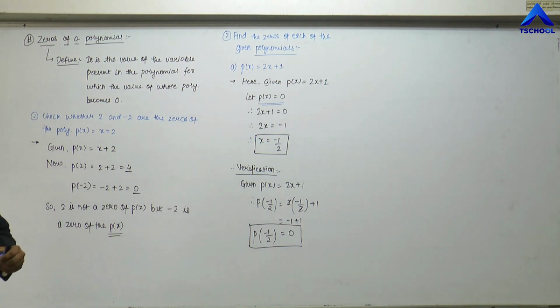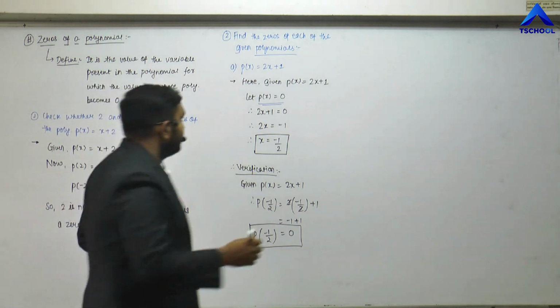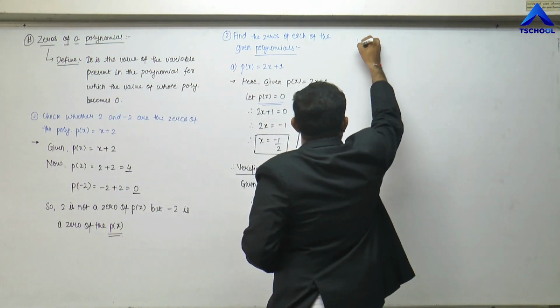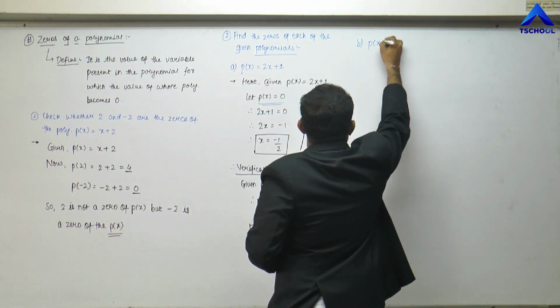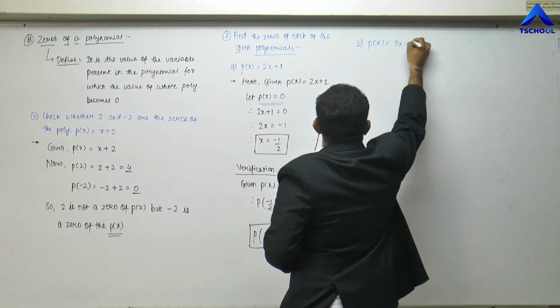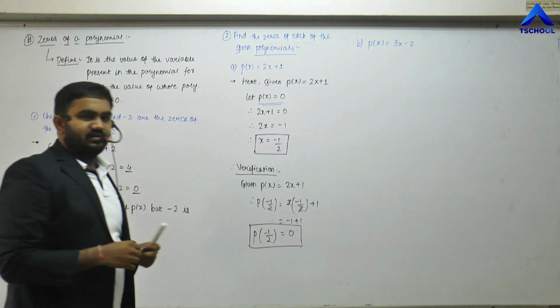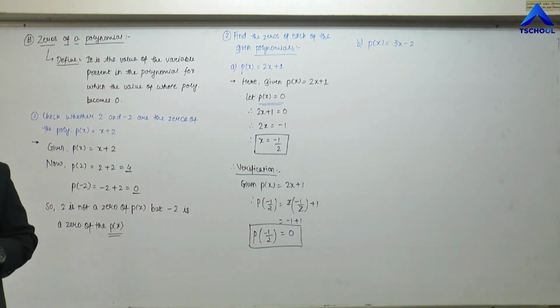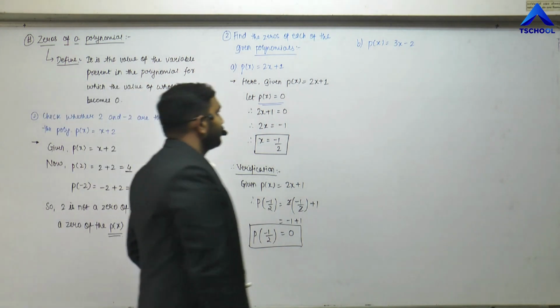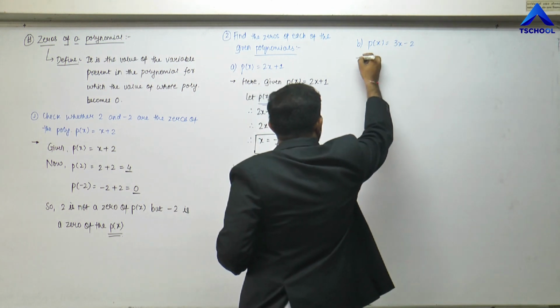Let me write down another one here. That is the second question. Given polynomial P of x is equal to 3x minus 2, right? I'm writing down another question here also, that is 3x minus 2. So what is given here?